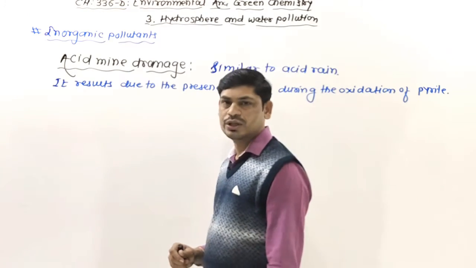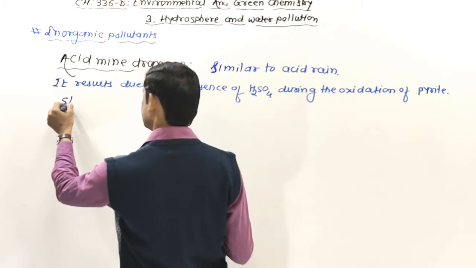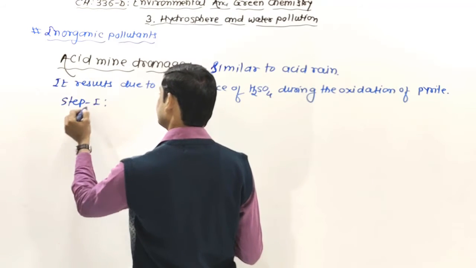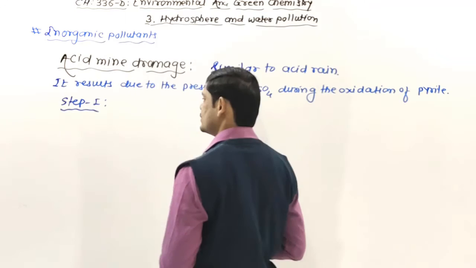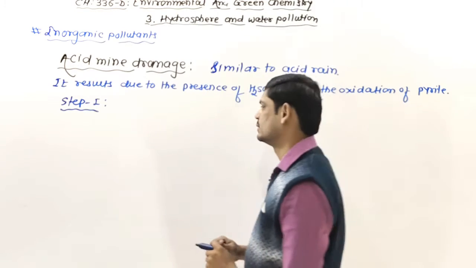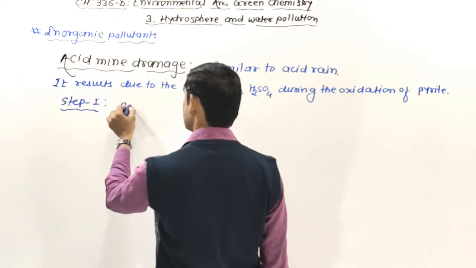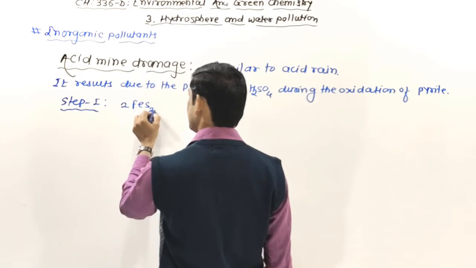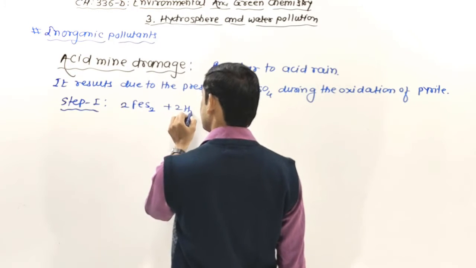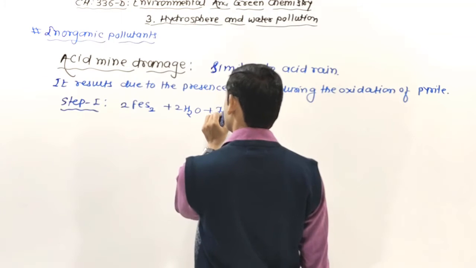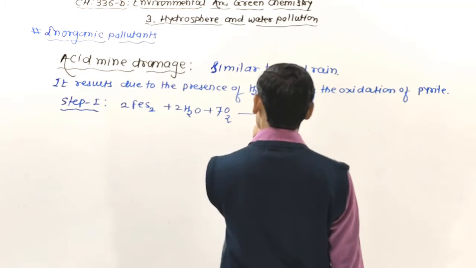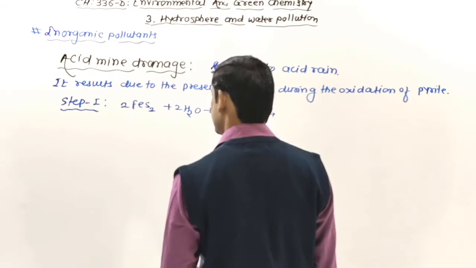We will talk about all these 3 steps. So the first step is the oxidation of iron pyrite. The 2 moles of FeS2 react with H2O in presence of oxygen. Oxygen acts as an oxidizing agent.